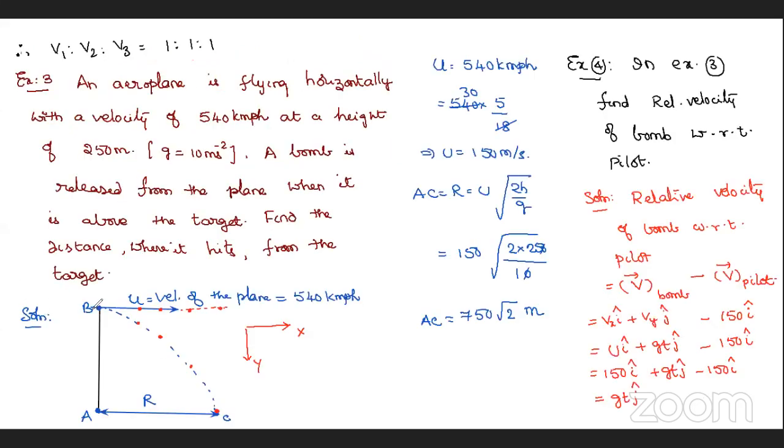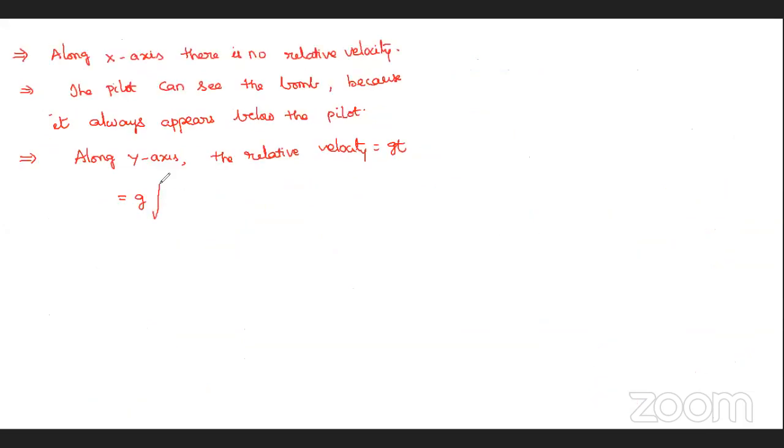She told the relative velocity just before reaching the ground: g times root of 2h by g, the time before reaching the ground.